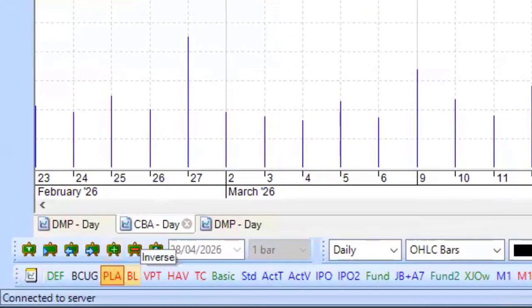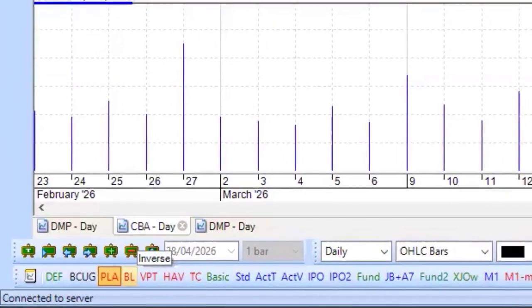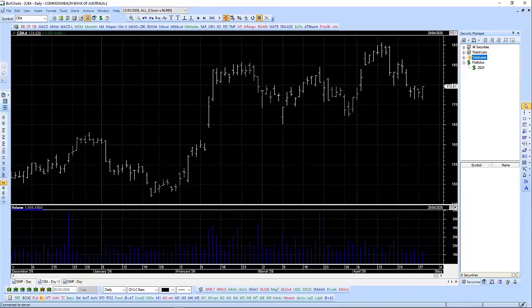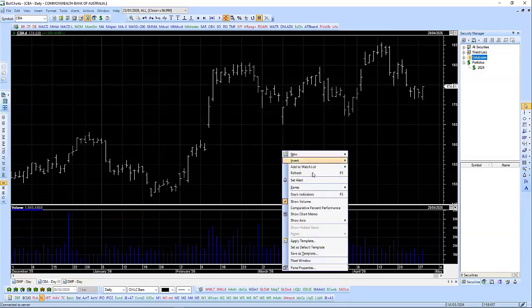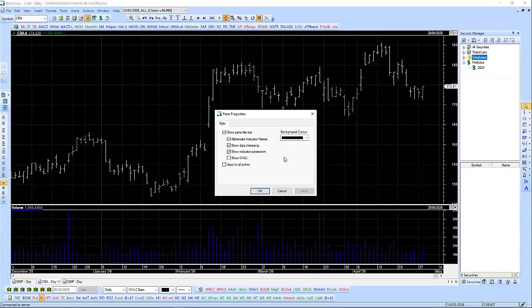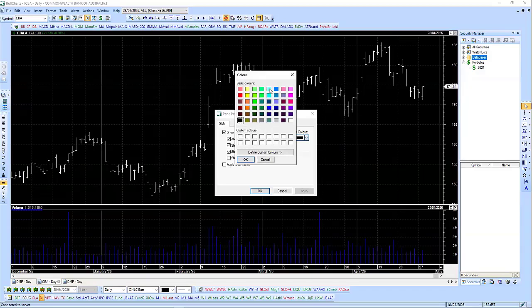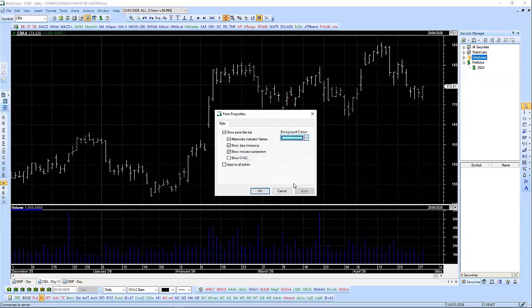The second one there, second red one, BL, is labeled inverse or black. And it's simply showing you that one of the things we can do with BullCharts is change the color of the background. And you can do that by simply right-clicking on the screen somewhere and again going to pane properties and choosing background color. If you don't like black, you can change your color to something else.